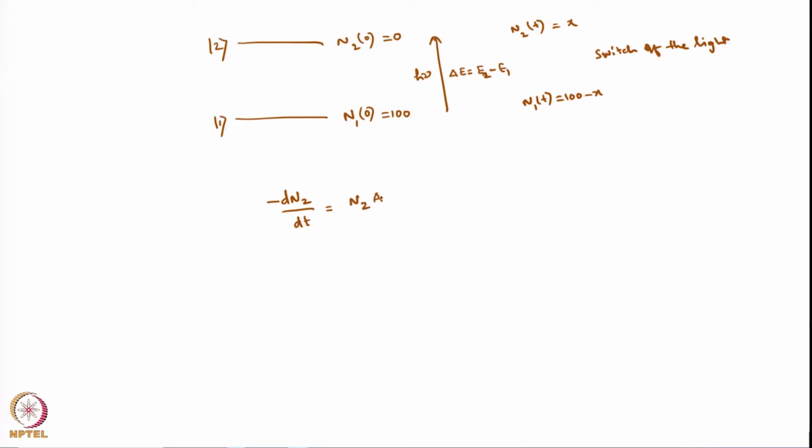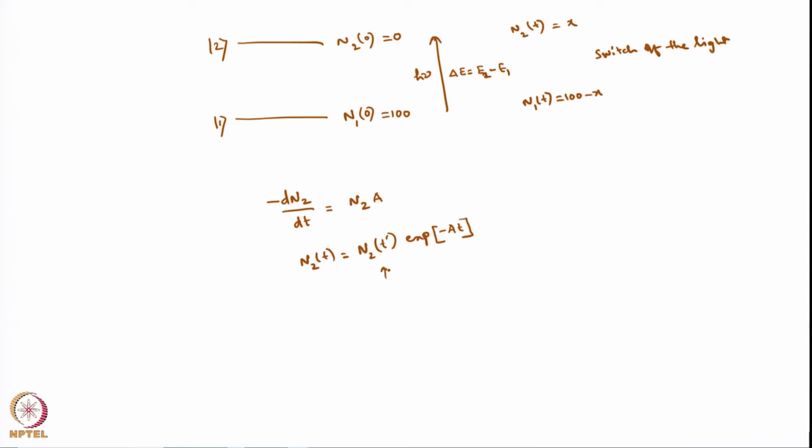I can rewrite this equation. It is a simple first order differential equation which you can solve, and you get N2 of t equal to N2 at t prime times exponential of minus A t. Now what is N2 at t prime?